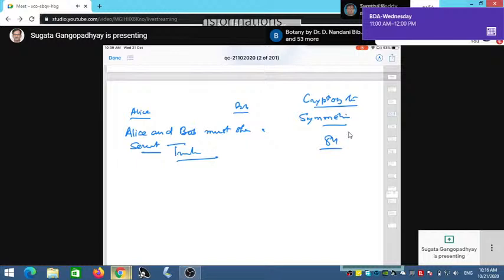Now when Bob receives, what will Bob do? Bob doesn't know what Alice has sent. So Bob either takes gate 0, gate 1 as the basis of measurement, or gate plus, gate minus as the basis of measurement, and measures.